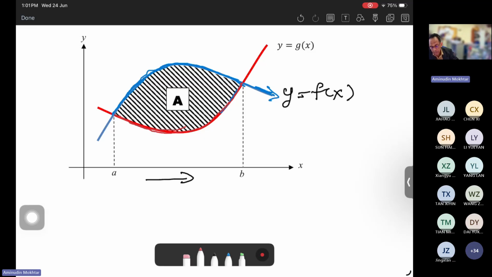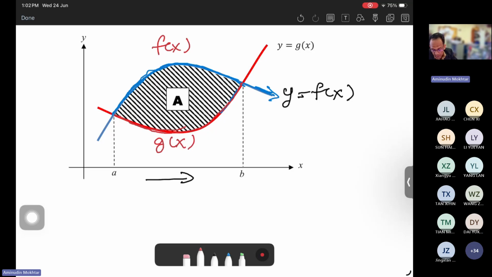So in order to find this area, we need to identify which curve forms the upper boundary and which curve forms the lower boundary. From A to B, the upper boundary belongs to f(x), and the lower boundary belongs to g(x).